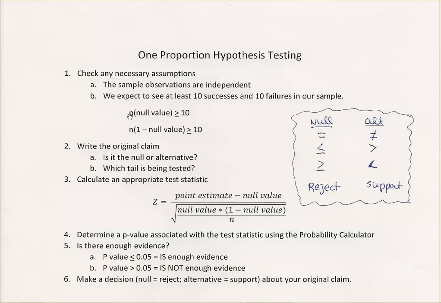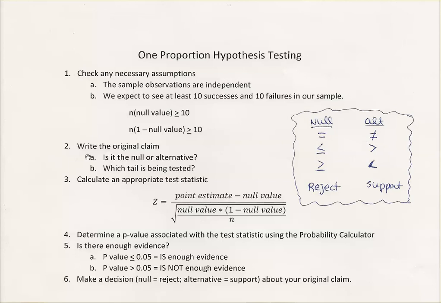So you just multiply your sample number times your null decimal, and hopefully it should be greater than or equal to 10. And then the next thing you need to check is if the sample number times 1 minus your null value, once again the same null value as up here, is greater than or equal to 10. Now that probably doesn't make a lot of sense here, but once we get to a problem, it will.